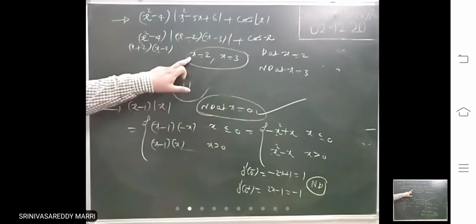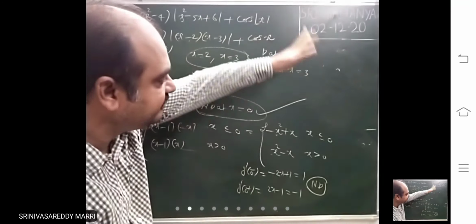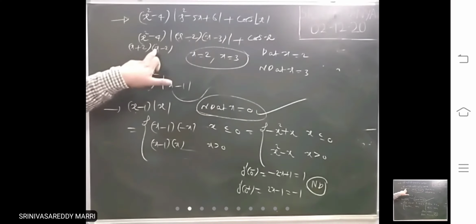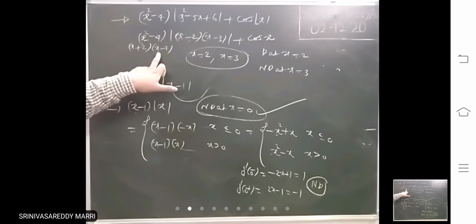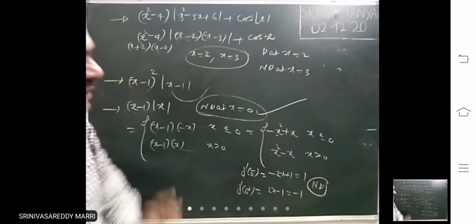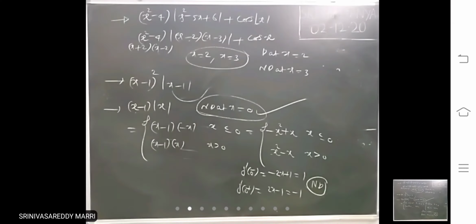At that common factor, it will be differentiable. We have seen in the previous example. Look at x minus 2, x minus 2. This will become x minus 2 whole square. Right? That means at that point x equal to 2 it will be differentiable. At x equal to 3, it will not be differentiable.